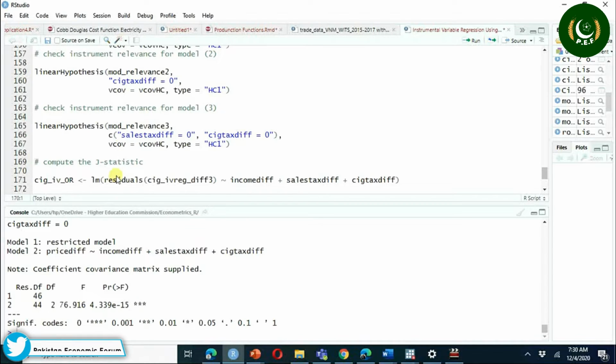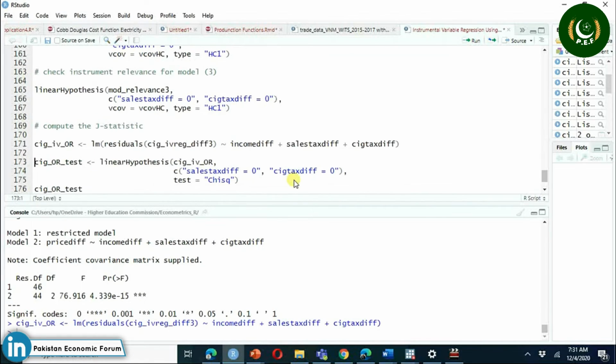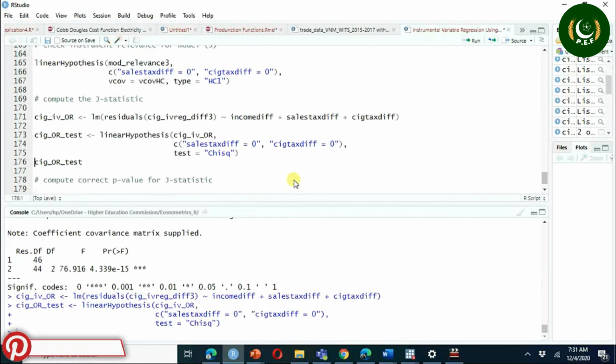Now comes the stage: if instruments are strong, whether they are endogenous or exogenous, so we have the J test, and now we are running this J test. For the J test, we have this cigarette specific instrumental variable third difference model, and it's regressed on income, sales tax, and cigarette specific tax. All those variables basically which are the exogenous regressors. So now we test this linear hypothesis. Okay, and what is this value?